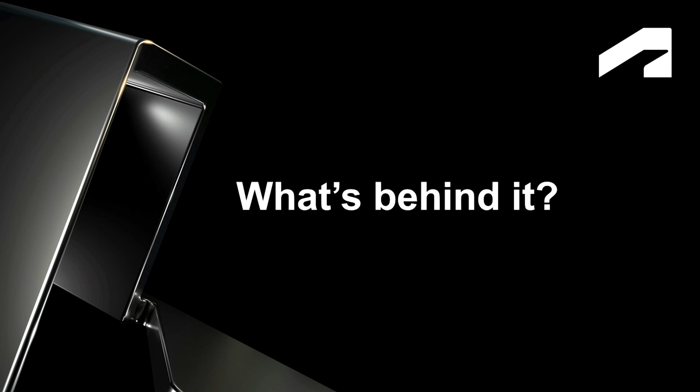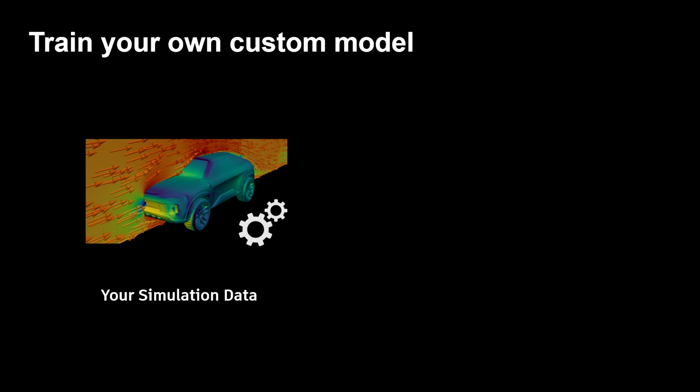Because if we think about what's behind this technology, it's really the task to train your own custom models. If you use your own simulation data, this is validated by your engineering department. This is something you can really rely on to make decisions.